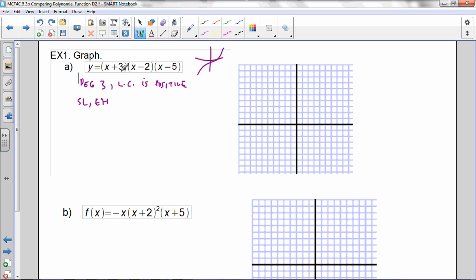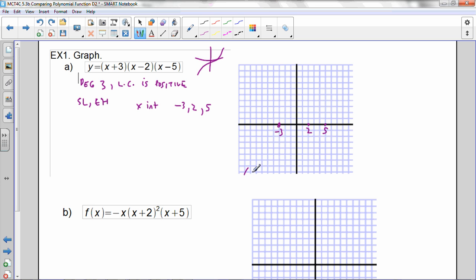But now we know stuff about the x-intercepts, right? So we have the x-intercepts minus 3, 2, and 5. And all of them are single roots, so it's all going to be slashes. I'm going to put all this stuff together.